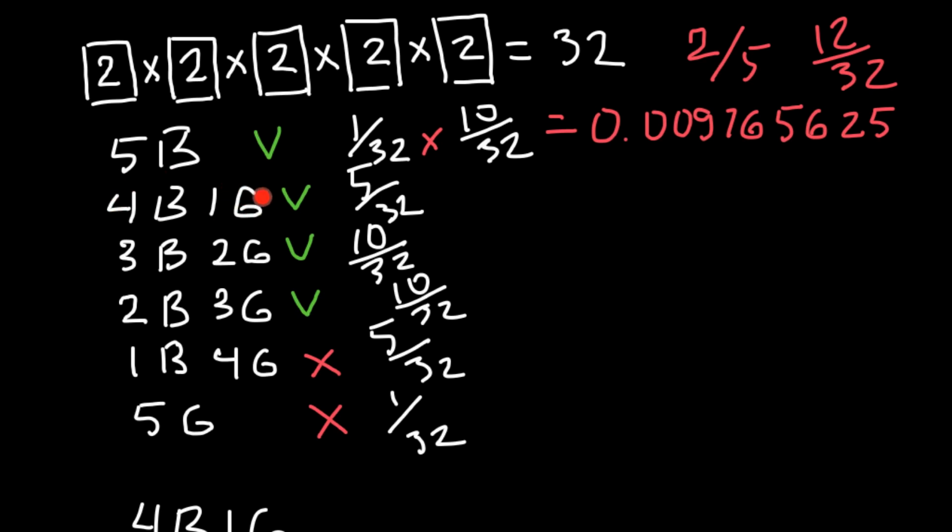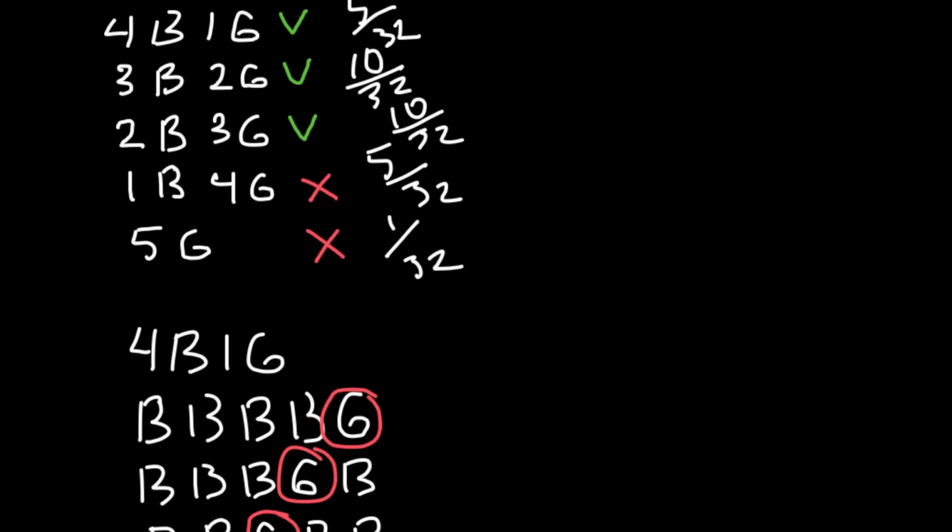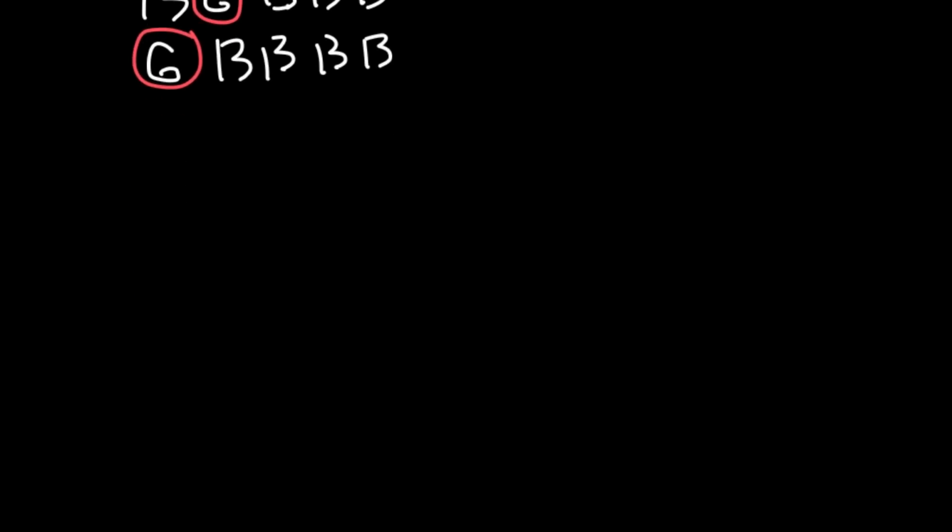And now we have to find what is the probability that here we also would have 2 affected boys. We have to find what is the probability that if a family would have 4 boys and 1 girl, 2 of the boys would be affected. So let's move here, and we have combination of 4 boys and 1 girl.